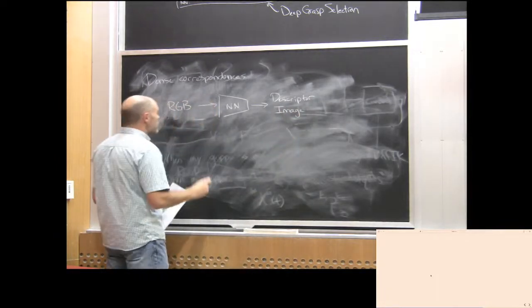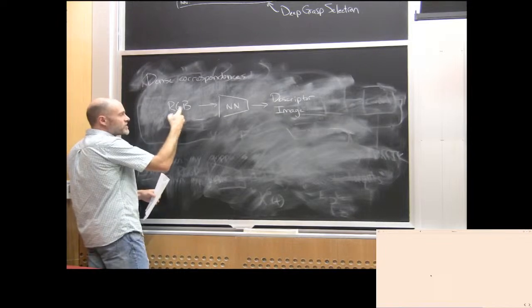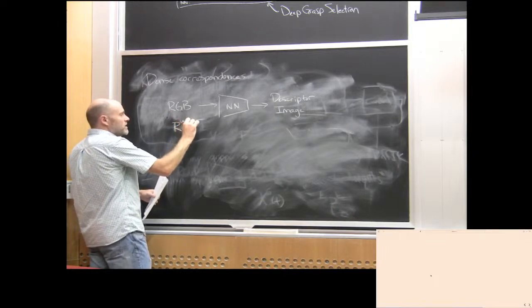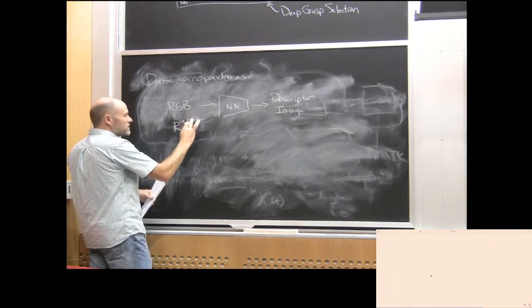Okay, whereas if this thing was an RGB, it has some width by height by 3 channels, right? See what I'm saying? It's width by height by 3.